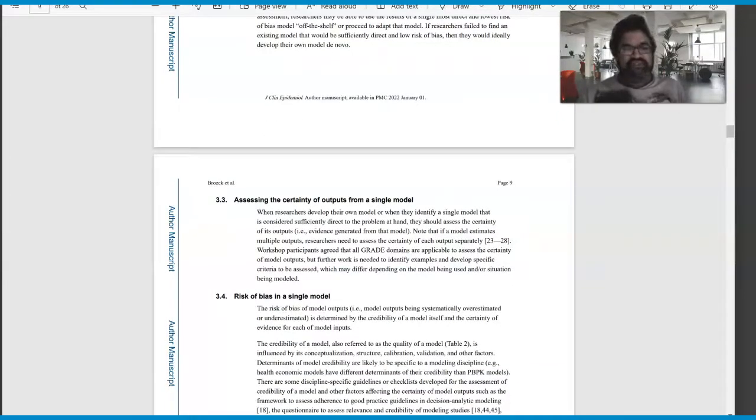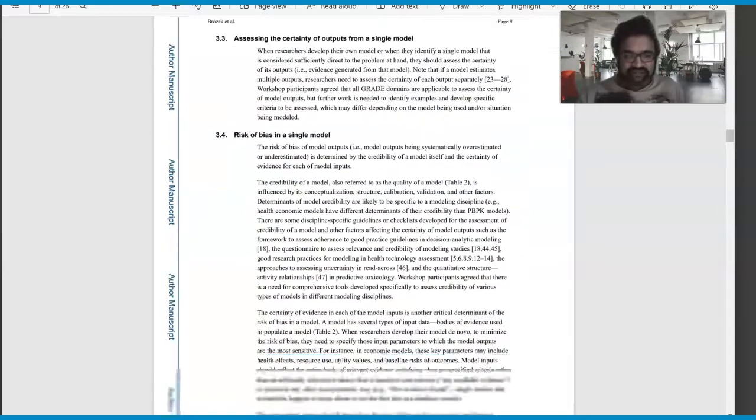When researchers develop their own model, a lot of times it's considered sufficiently direct to the problem at hand. They should assess the certainty of its output. Evidence generated from the model is sometimes just as important as what is going into the model, like a research question that goes into the model for GRADE domains.